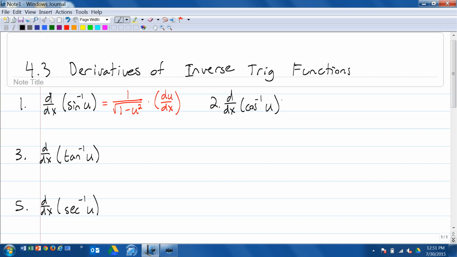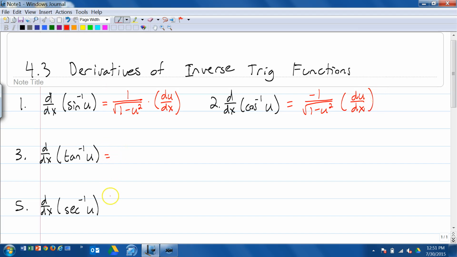They're just the negative version of the original on the left side here. So, the derivative of cosine inverse of u is negative 1 over the square root of 1 minus u squared times the derivative of u with respect to x. Okay? And the others will follow suit.